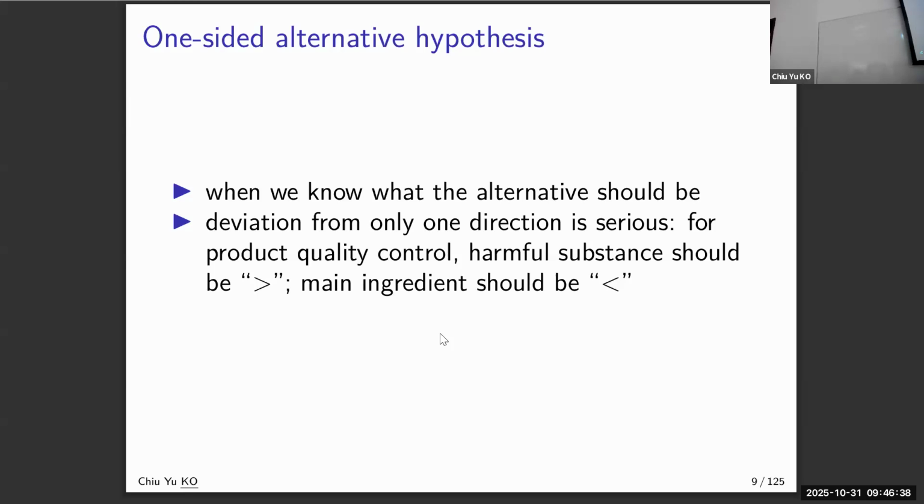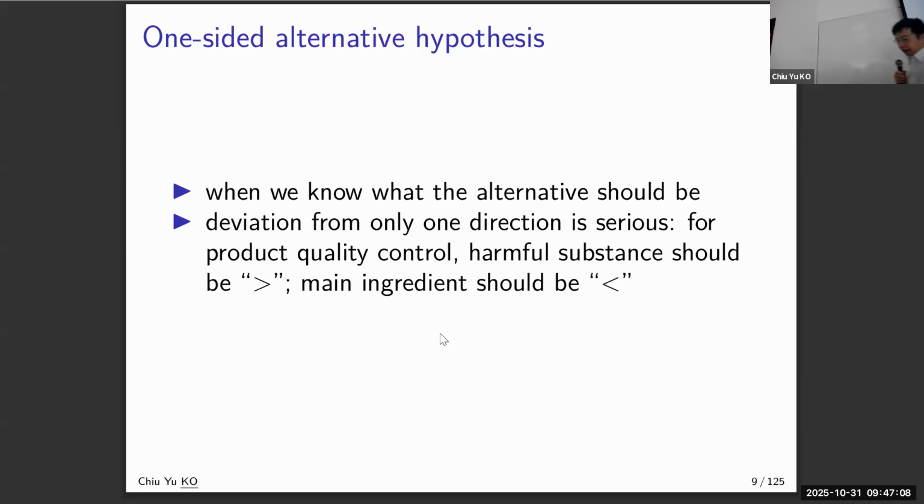If you want to say how much harmful substance there is, you as a government take action if the harmful substance is more than a certain level required by law, right? Or main ingredient, someone claims the food has X percentage of active ingredient, then if less than that, you would be not happy, right?